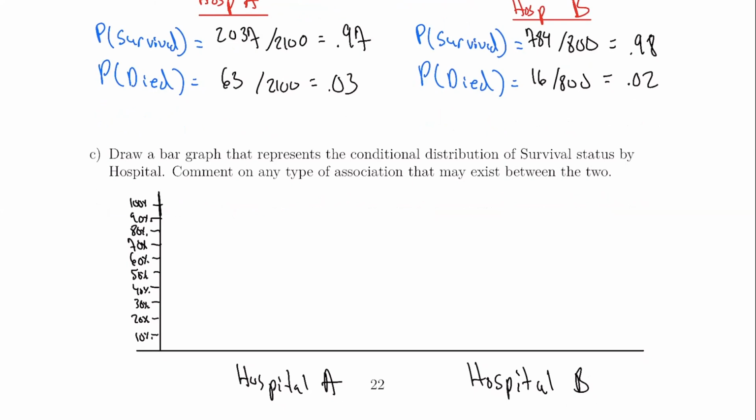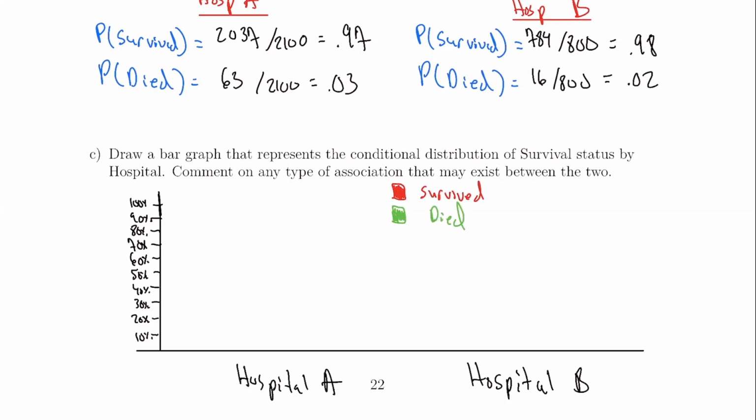All right, so we're going to do two graphs. So we'll color coordinate this. If it's red, we'll say they survive. If it's green, we'll say that they die.